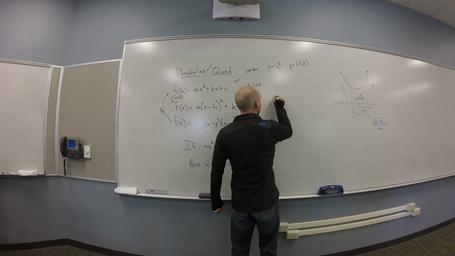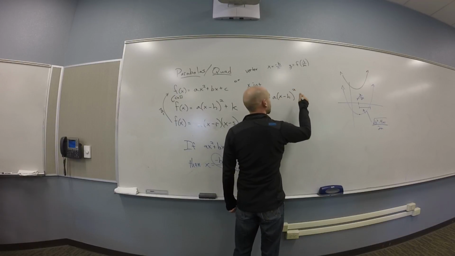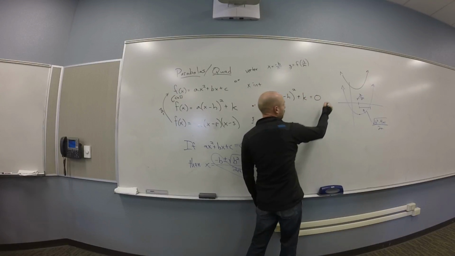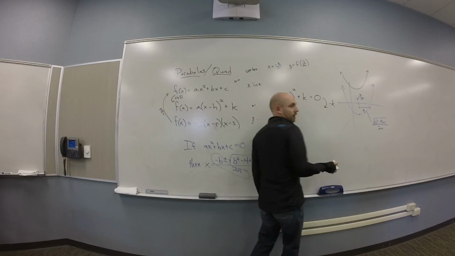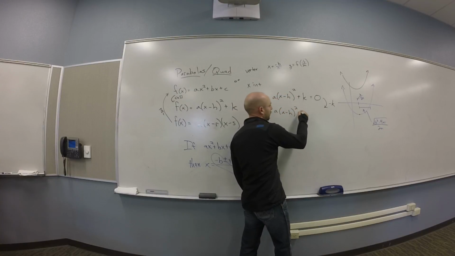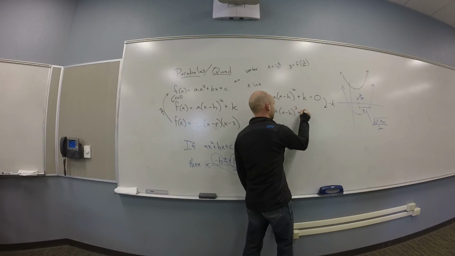So let's take our a times x minus h squared plus k equals 0. We'll subtract k, so we get a times x minus h squared equals negative k.